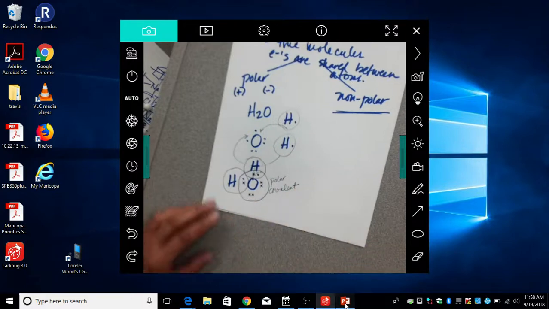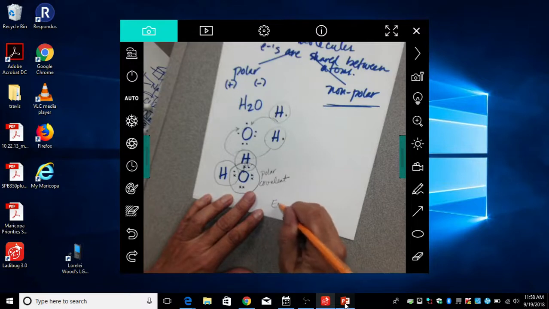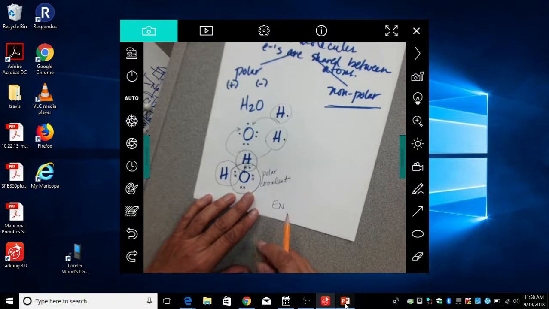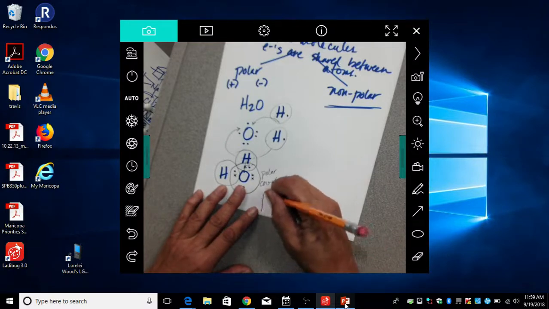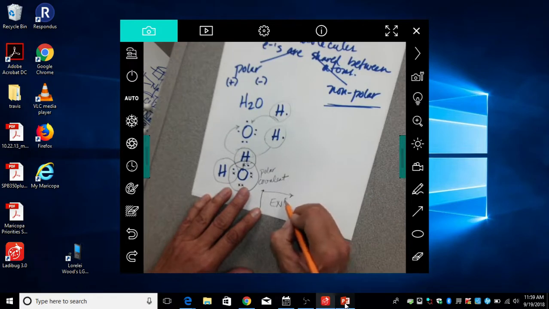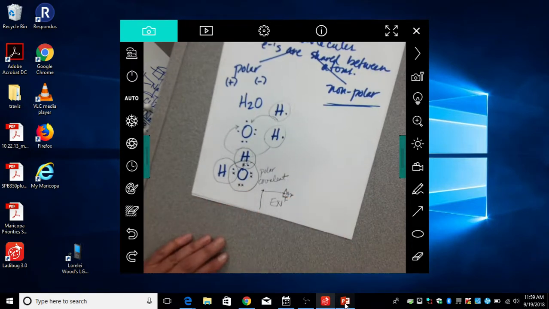The reason this is polar covalent is if we look at electronegativity on the periodic table, what's the trend for electronegativity, which is also the same as ionization energy? It's opposite of size, right? So it goes in this direction and in this direction. And the most electronegative element of all is fluorine, so I'm going to put the crown on fluorine.